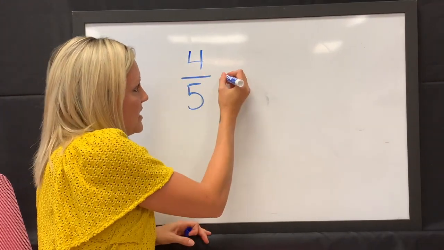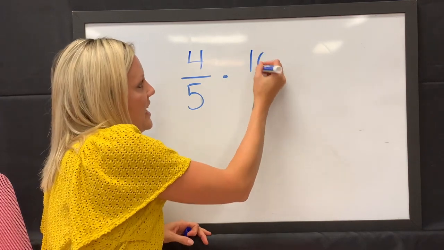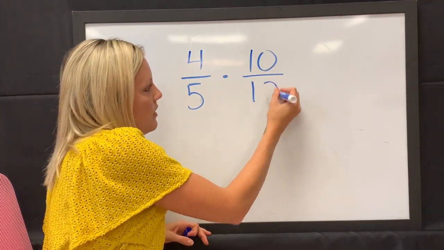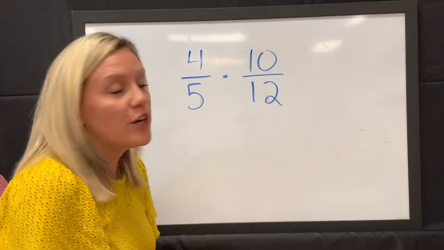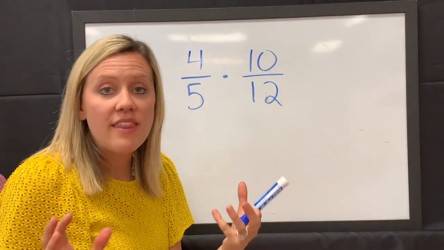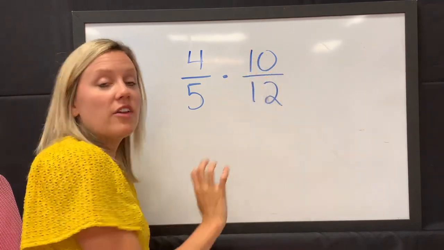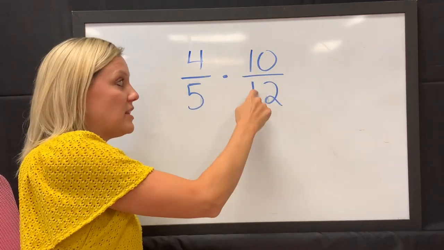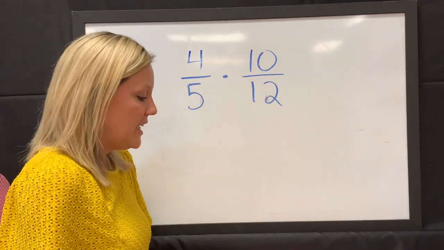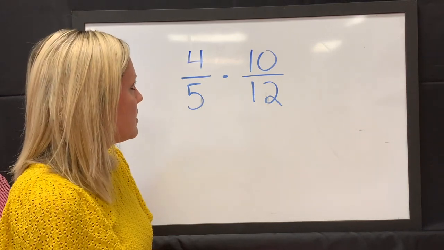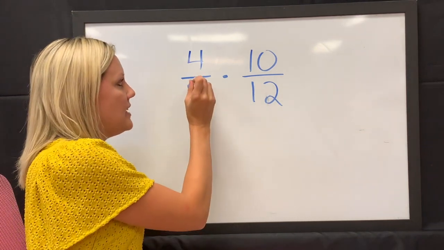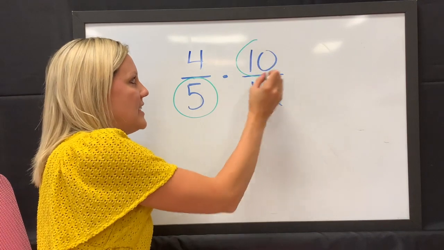Let's do one more. 4/5 times 10/12. So look for a numerator and a denominator that I can compare. It doesn't have to be the one right above each other. It could be this with this and this with this. It could be any one. So let's look. Right away I see 5 and 10.